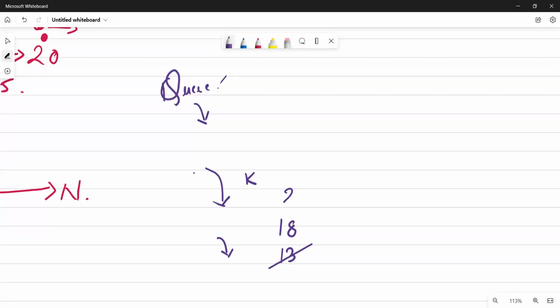Then suppose 3 is coming. Can 3 have a chance of being the maximum? Yes, keep it. Then the coming element is 5. Does 5 have a chance of being the maximum? Yes, but since 5 has come, does 3 stand an opportunity to be the maximum? No, pop it out.